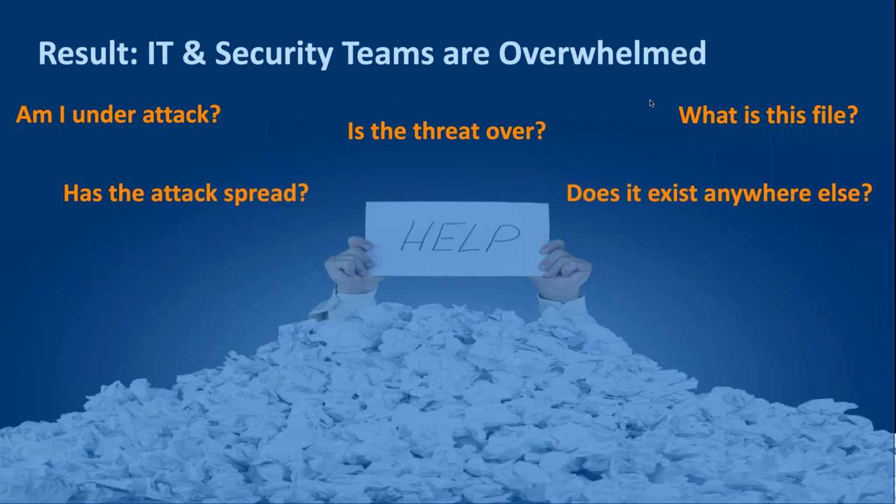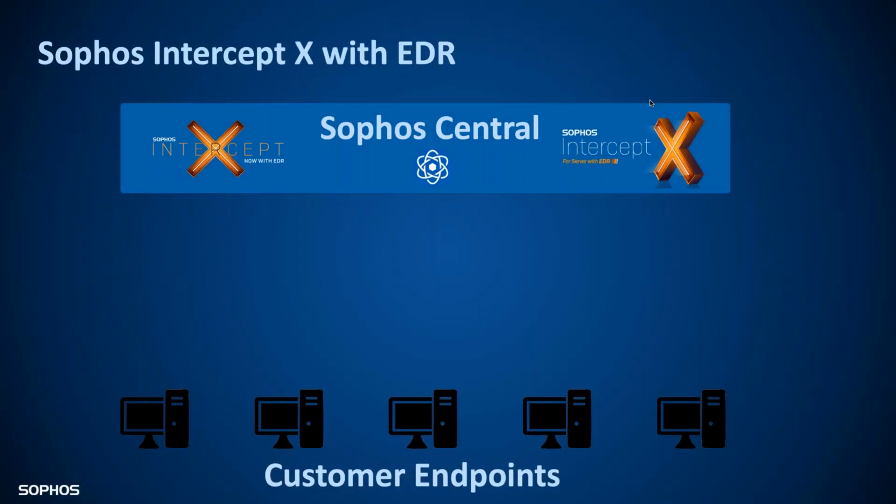So utilizing that component from Sophos Central EDR can definitely assist. What this is going to do and how this is going to look like is we're going to have your base, your Sophos Central. This is the control for everything. This is where it all starts. You're going to have your Intercept X with EDR and your Intercept X server with EDR on it as well.